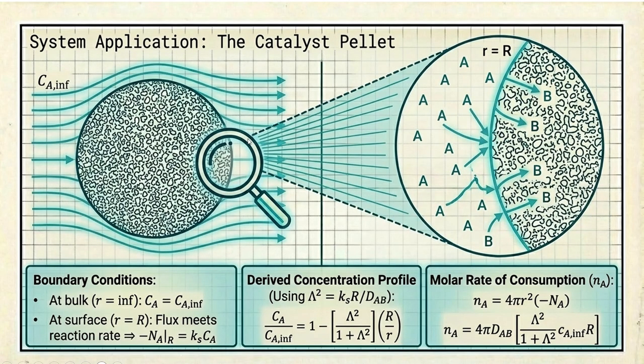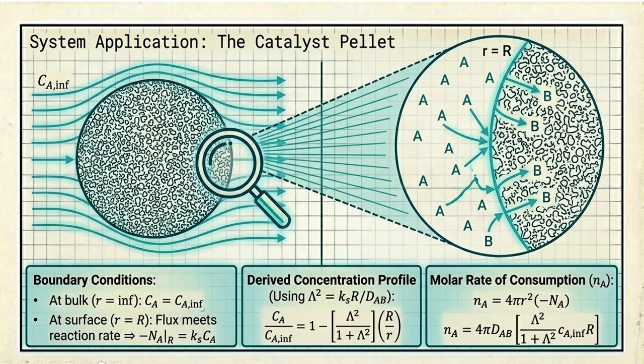System application, again this is a question. So assume a spherical catalyst pellet, and at some distance from the pellet we have to identify the concentration of A. So this pellet is of radius R. Boundary conditions are given as at bulk, CA is equal to CA infinity at bulk of A. At bulk of A means at the surrounding, at infinite distance from this particle.